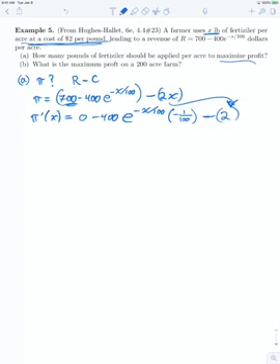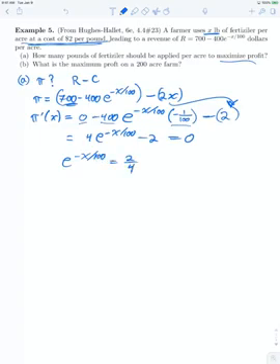Okay, so that's the derivative, and then I should set it equal to 0. I'll simplify it a little bit too. The 0 goes away, negative 400 times negative 1/100 becomes positive 4 e to the negative x over 100 minus 2 equals 0. Add 2 to both sides and divide by 4, and you get 1/2. Hopefully you remember how to solve problems like this.